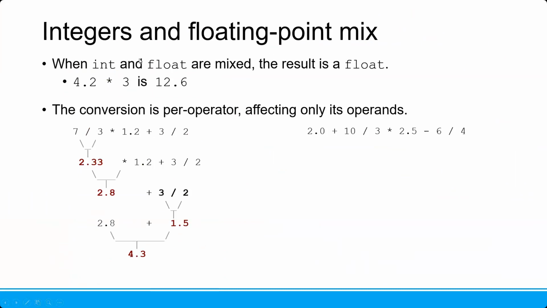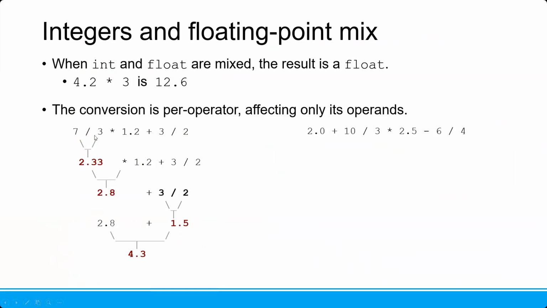Now I have integers, and I want to combine them with floats like this one. Oh, I already showed this one: 3 divided by 7 divided by 3 multiply 1.2 plus 3 divided by 2.